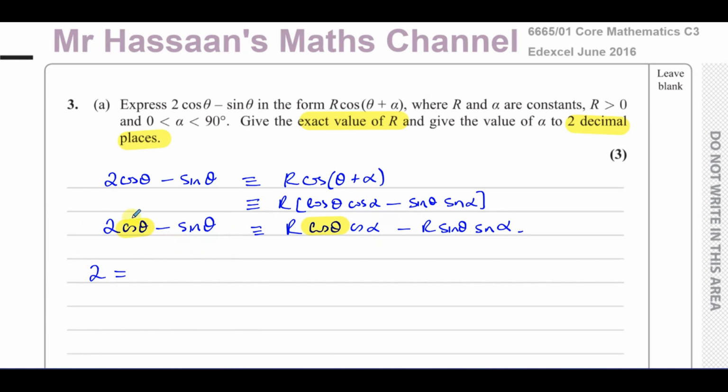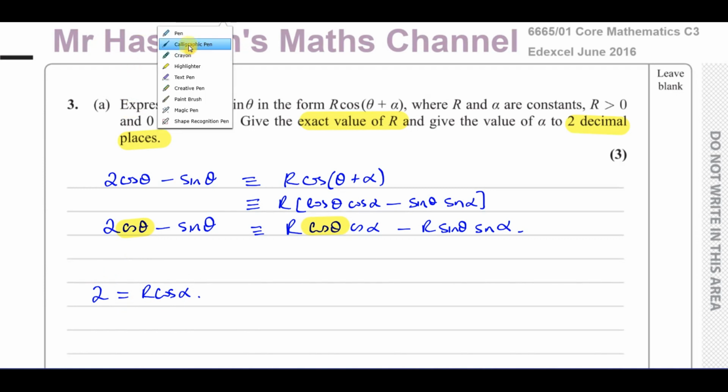The number of cosine thetas we have here must be the same as over here. So 2 is the same as r cosine alpha. I'm going to write this underneath. We have compared the cosine thetas, now we're going to compare the sine thetas.